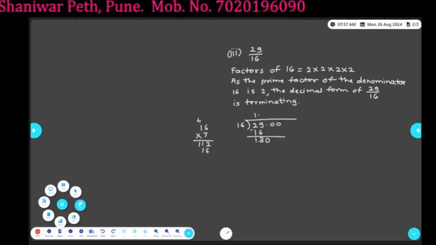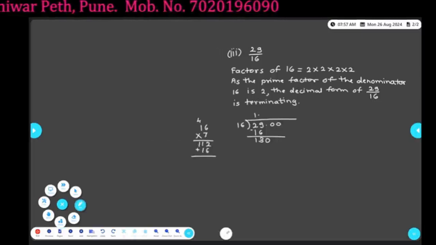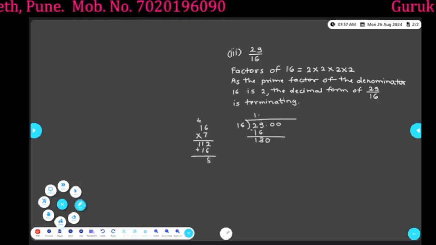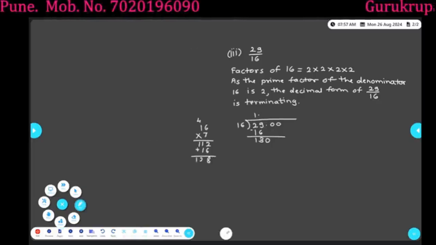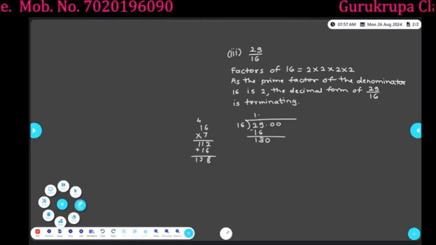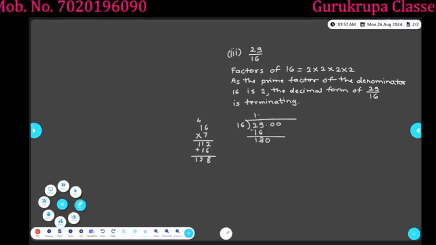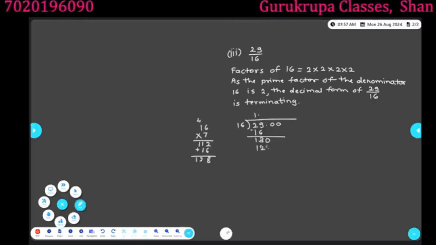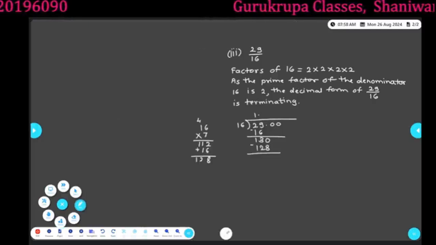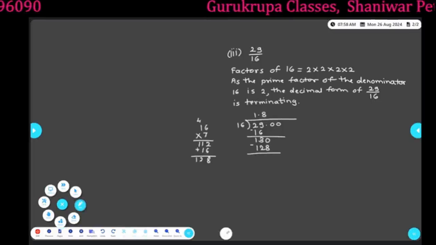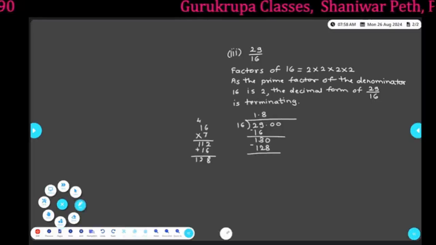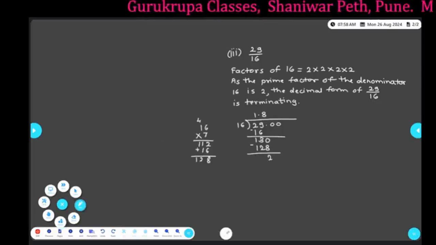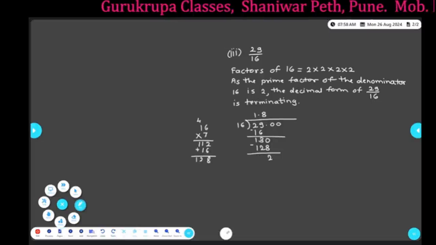Again, if you add 16, 16 8s are, 16 8s are we take here, that is 128. So 16 8s are. So as we can solve it, 16 8s are 130 minus 128, we get only 2. Then we should take the next 0.